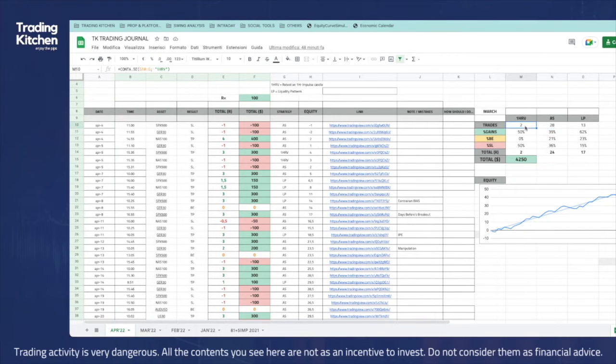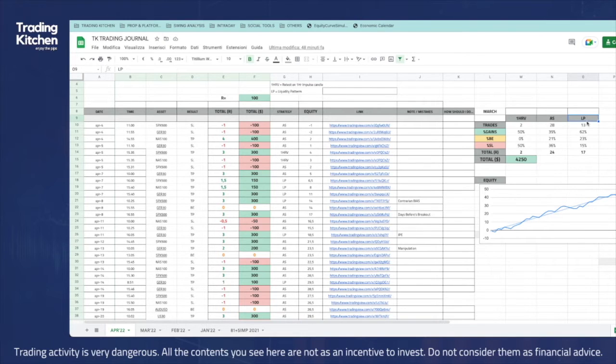To be honest, I don't use this one. I was not able to find any setup for this strategy, so these two are the strategies that I use. This one is a strategy that I use for the Asian session, and this one is a strategy where I try to find a liquidity pattern and then a candlestick pattern.